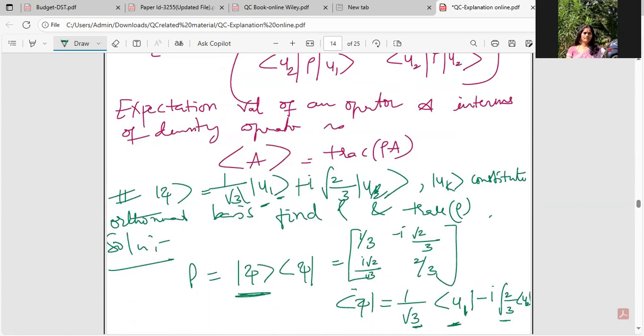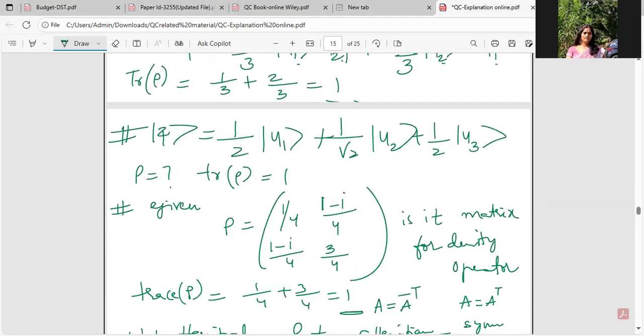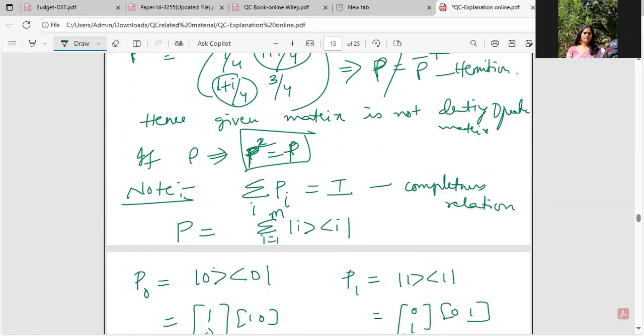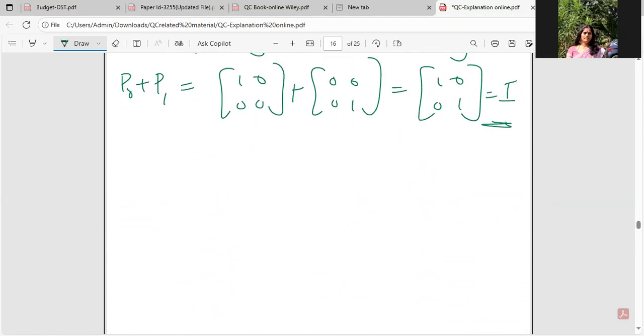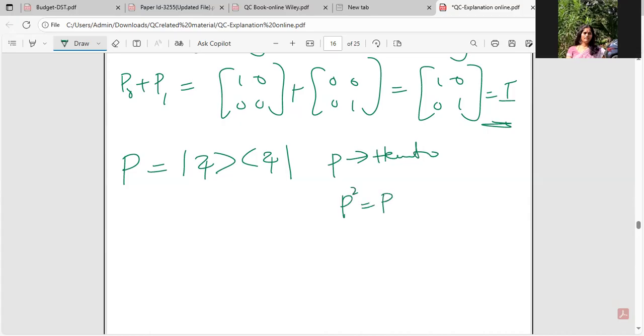The projection operator P is nothing but the outer product of two kets. It's an operator, so it is Hermitian. Of course, P square is equal to P as well.